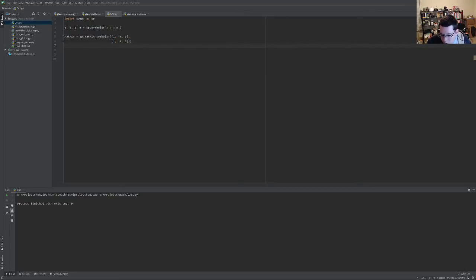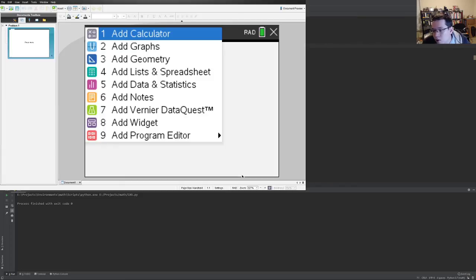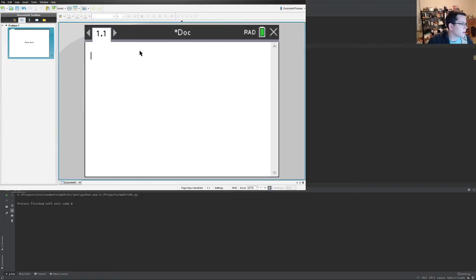I need to add a source so that you can see it: window source, window capture. Inspire CAS source. There it is. Okay, we're going to add the calculator.